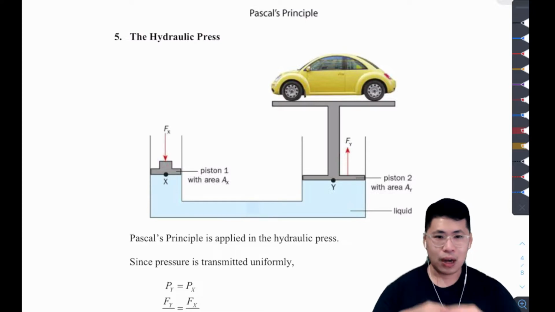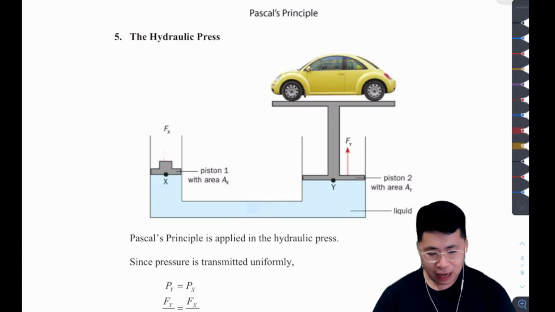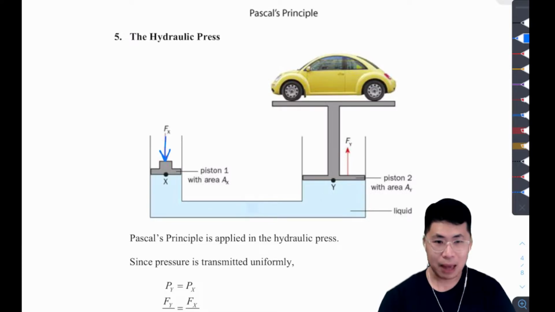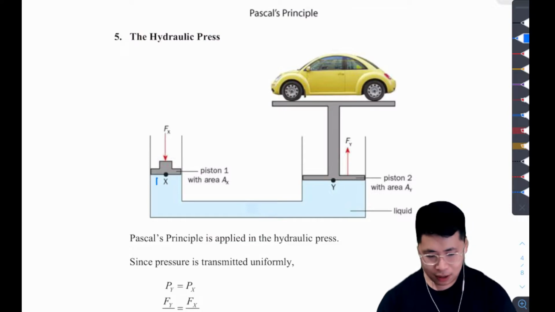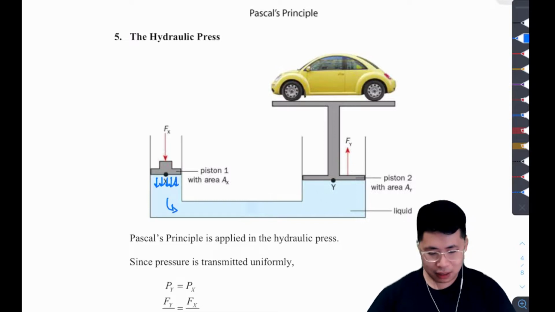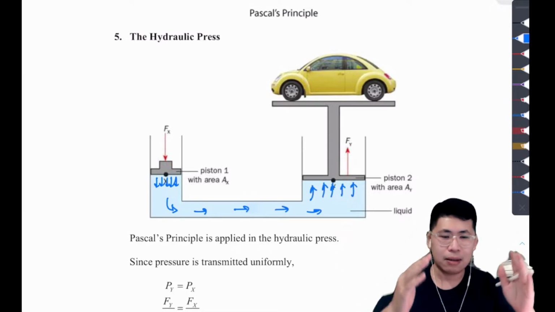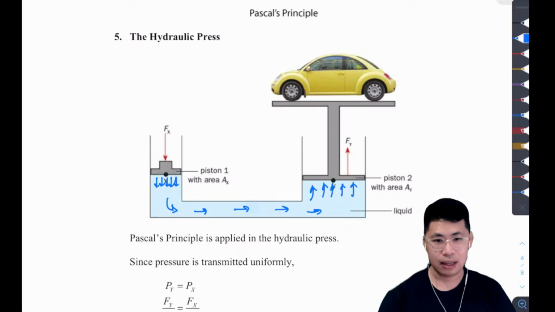As you can see, if you apply a force at x, you get some pressure at x, and this will transmit the pressure uniformly through the liquid to the second piston with the second area.